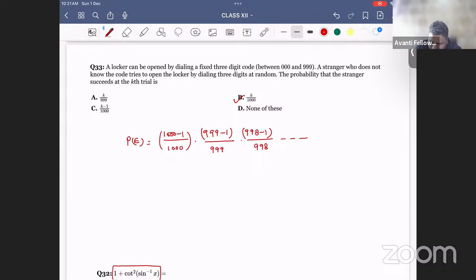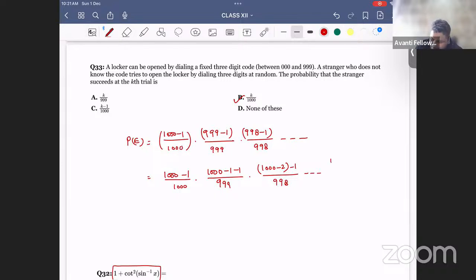If you see it once, it is like 1000 minus 1 upon 1000, 1000 minus 1 minus 1 upon 999, 1000 minus 2 minus 1 upon 998. Yes or no? So, in the k minus 1th trial, what will happen?